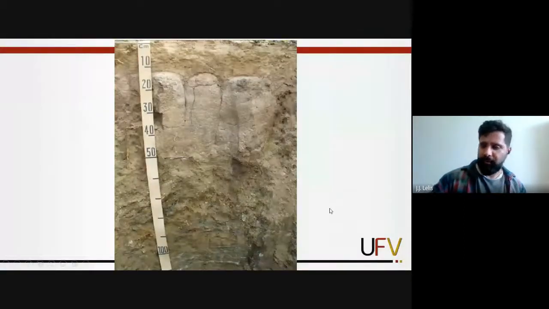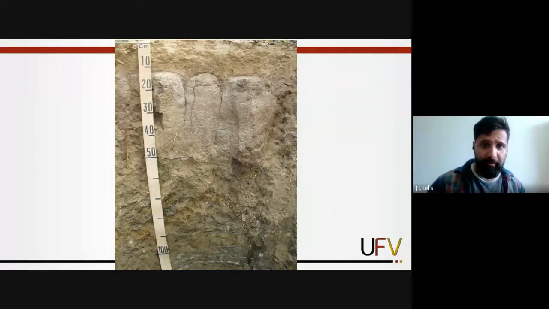So we come back, and here we can see some pads, some aggregates that are vertically elongated, but they are different from the prismatic because they are not flat, but they have a concave top. They have a little slope formed by clay eluviation and the creation of a clay deposit.